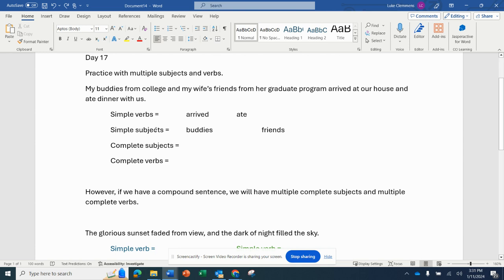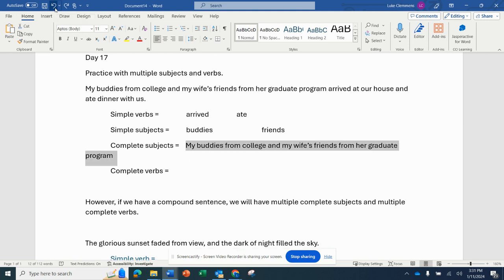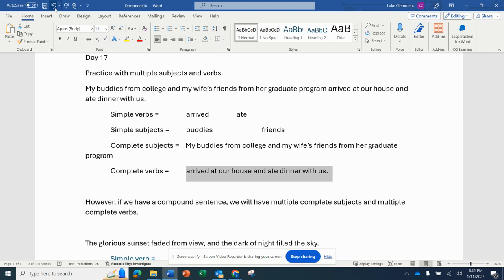Okay, so here's what the complete subject looks like. Because again, remember, this is a simple sentence, so there's only one thought. Okay, so when we're looking at this complete thought, the complete subject is this: my buddies from college and my wife's friends from her graduate program. That's it. The complete verb is arrived at our house and ate dinner with us. Okay, again, there's only one of each because there's only one thought.